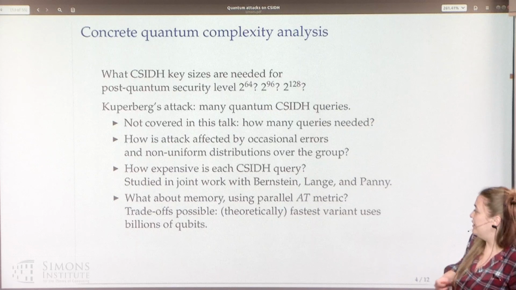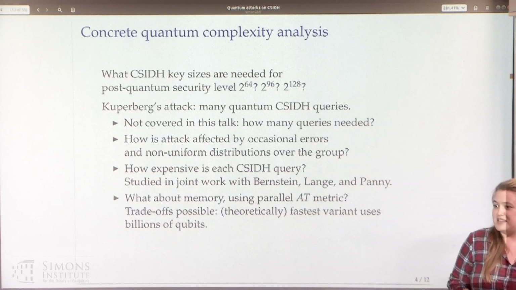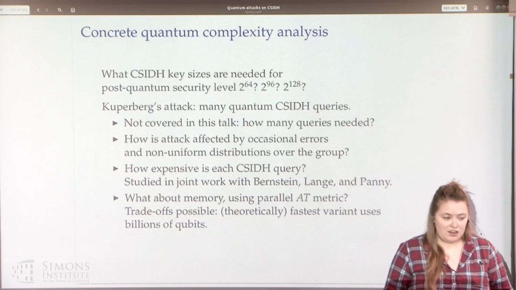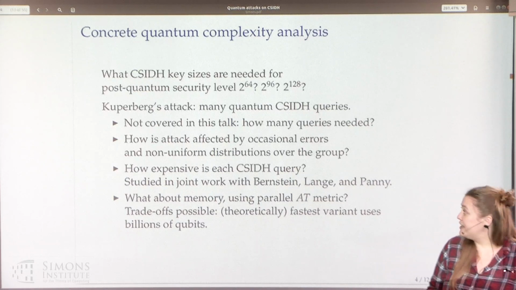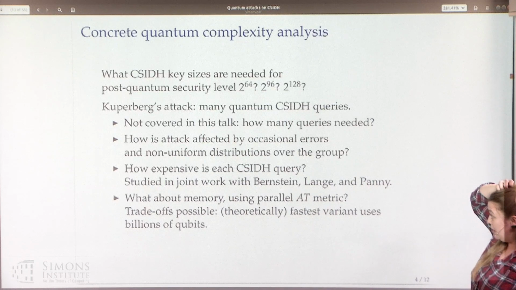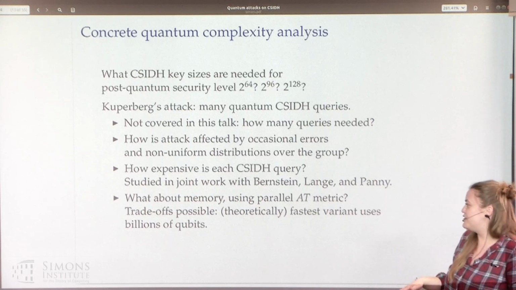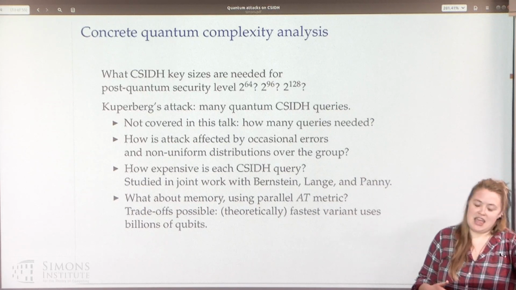And so in terms of this memory question, we already touched on Regev's algorithm with Greg's comment before. So Regev looks at how to decrease the number of qubits that you use at the expense of time.